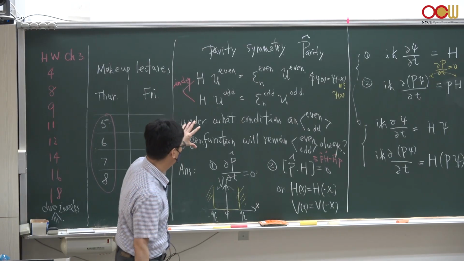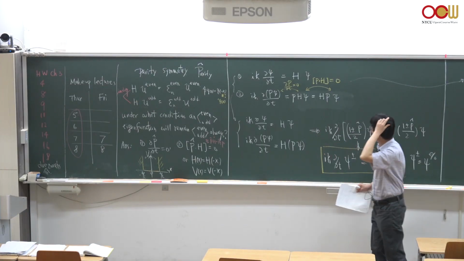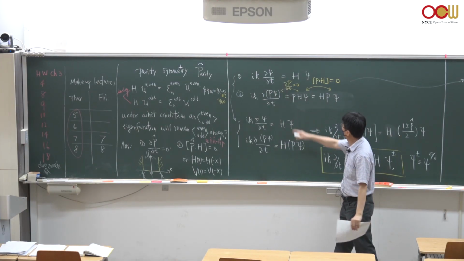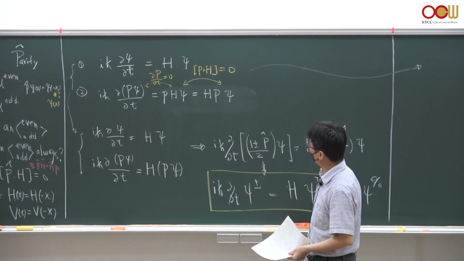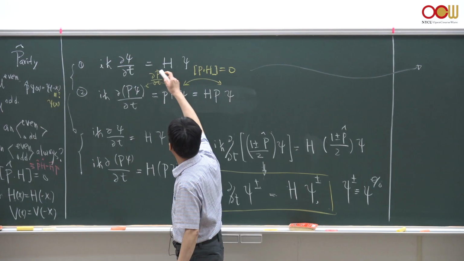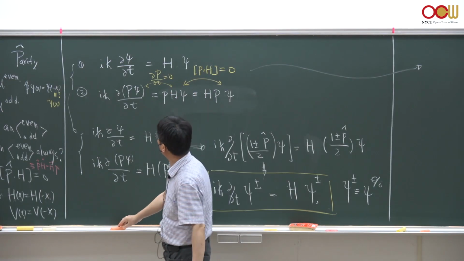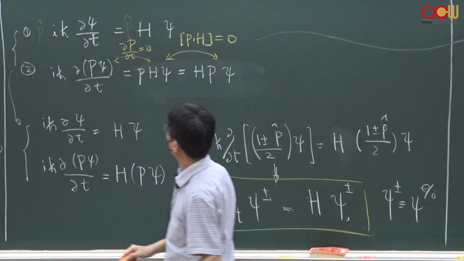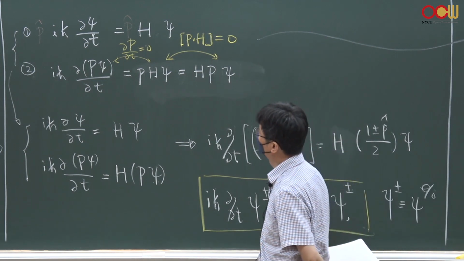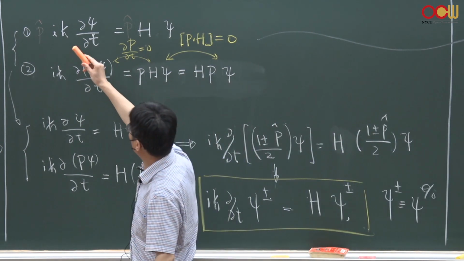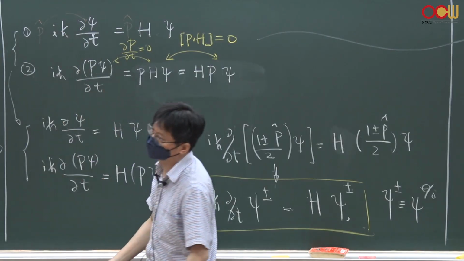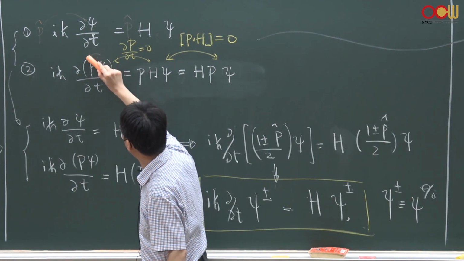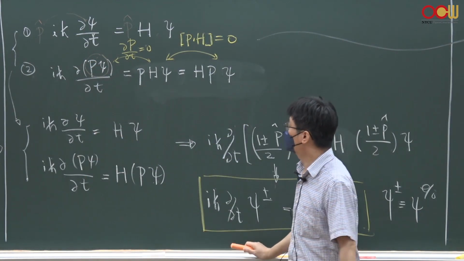Okay, so let's just prove these conditions. First, let's write down the time-dependent Schrödinger equation, this first equation. The second one comes from applying this parity operator on both sides of the equation. I can simply move this parity inside the partial time derivative, so that I get P acting on psi inside the time derivative.